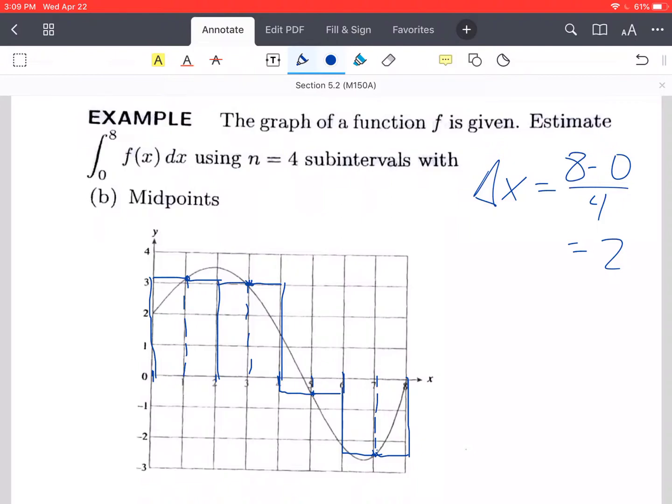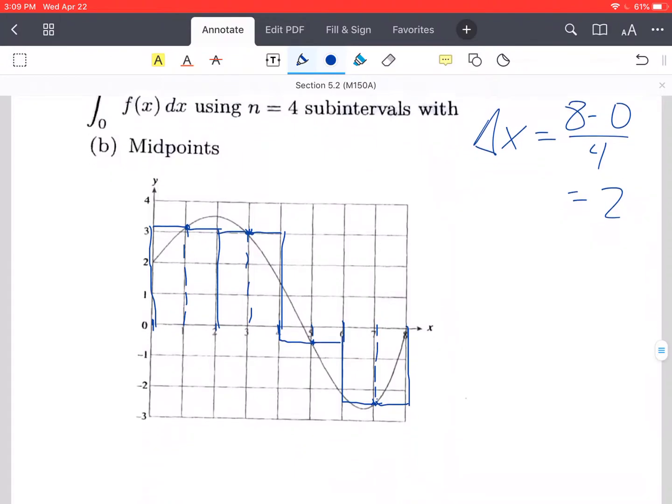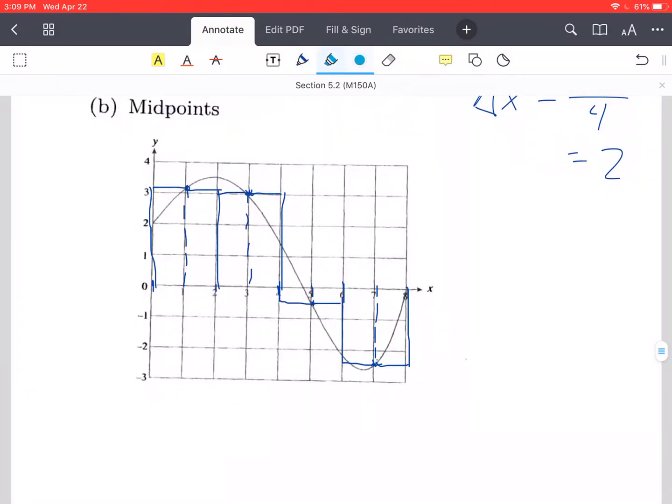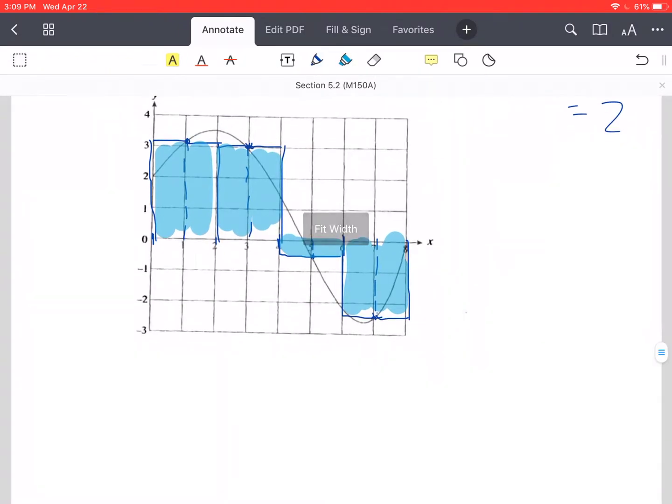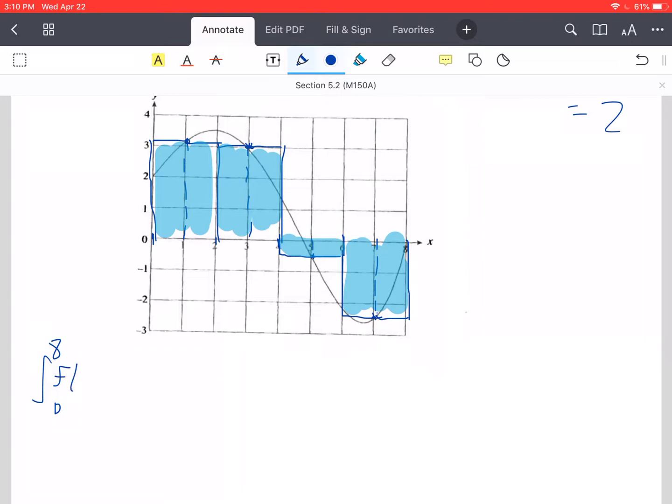All right. So let's set up our integral. So we've got this area here, this one here, this little area down here, and this one here. Okay, so it looks a bit different, right? Not entirely different, but somewhat, because we've got a different sample point that we're choosing. So integral 0 to 8 of f of x dx is approximately, so let's go with these heights now.